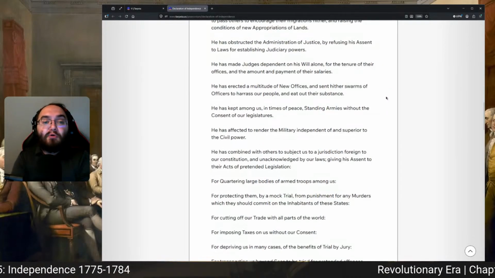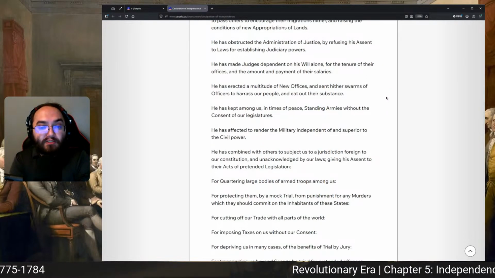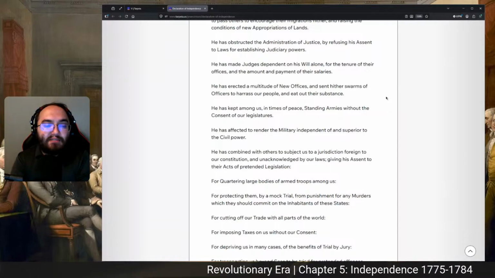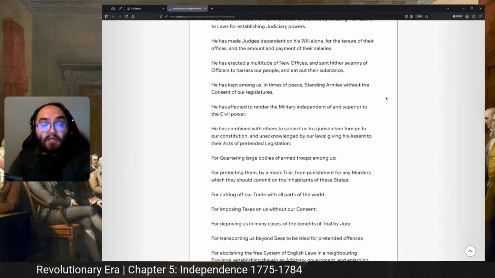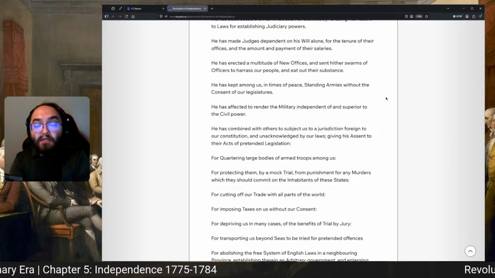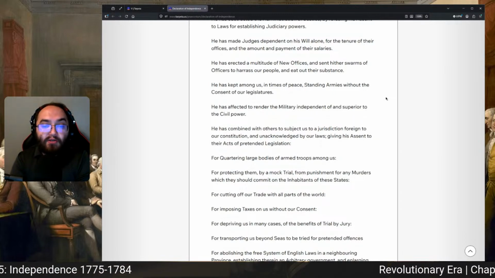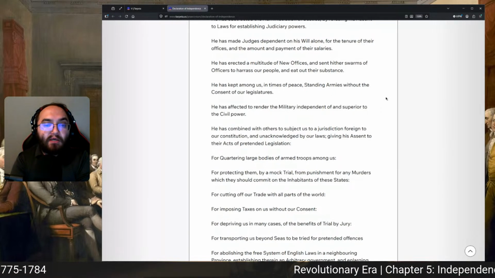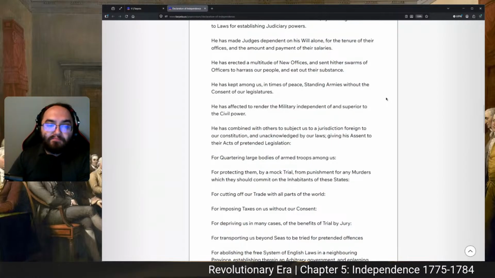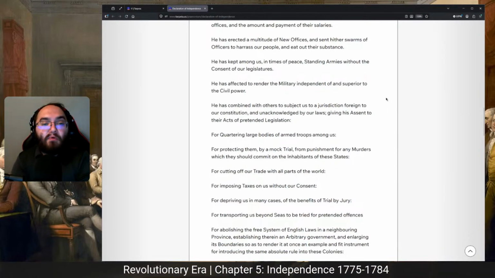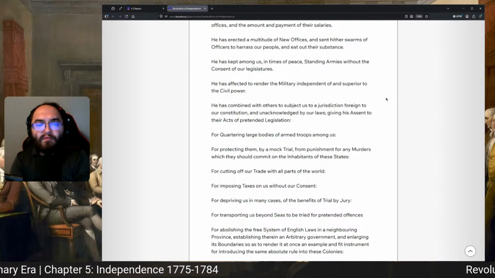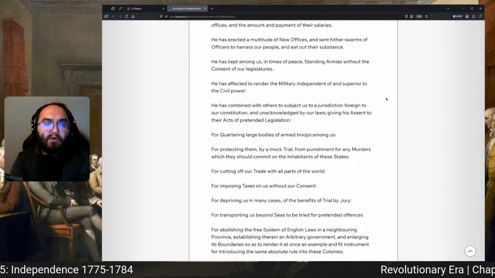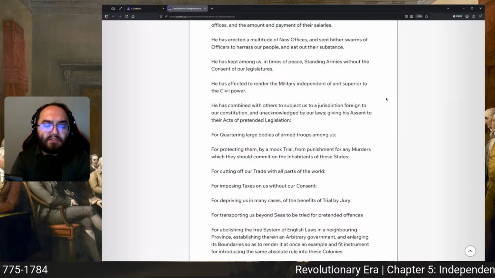He has obstructed the administration of justice by refusing his assent to laws for establishing judiciary powers. He has made judges dependent on his will alone for the tenure of their offices and the amount and payment of their salaries. He has erected a multitude of new offices and sent hither swarms of officers to harass our people and eat out their substance.